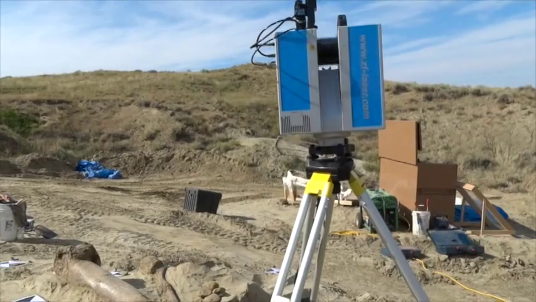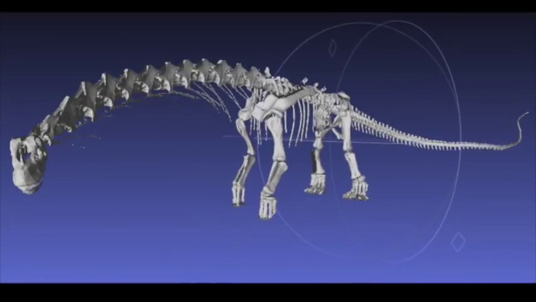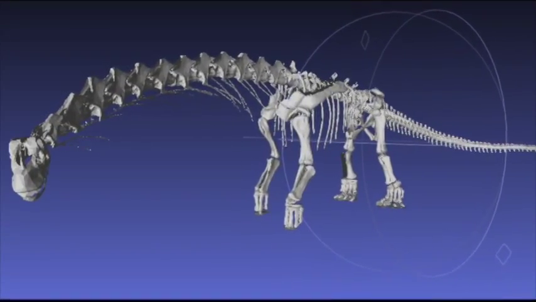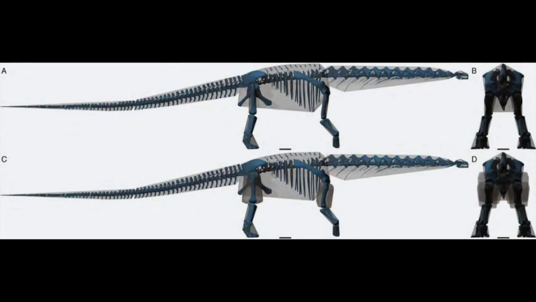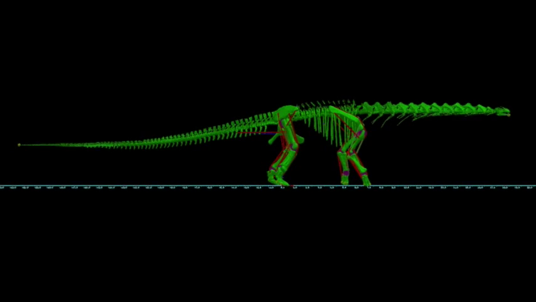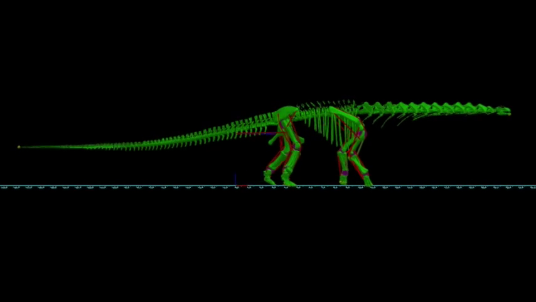The resulting point cloud generates a 3D skeletal model that can be used to calculate the volume of the dinosaur. This in turn enables us to estimate body mass, a crucial parameter used to constrain the biomechanical and physiological traits in both extinct and living organisms.